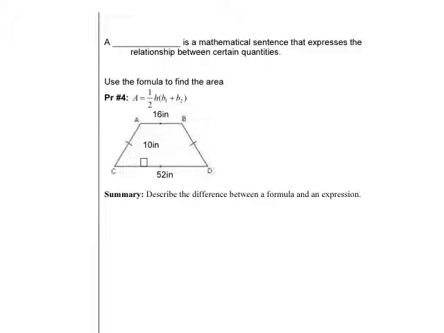And to the second page. A mathematical sentence that expresses the relationship between certain quantities, we always refer to that as a formula. So it's very specific to a problem. So in the parallelogram below you should be able to plug in those values to figure out the area of that shape.